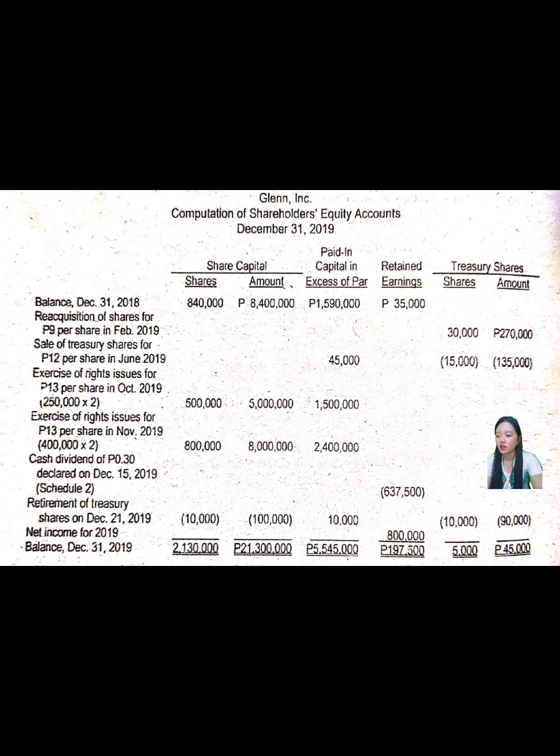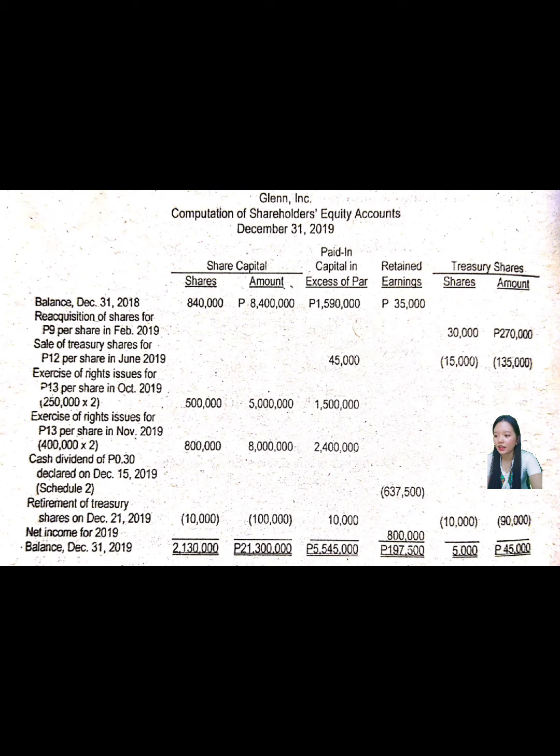So next, reacquisition of shares at 9 pesos per share in February 2019. We have treasury shares, which is 30,000 shares, and our treasury shares amount is 270,000 pesos.